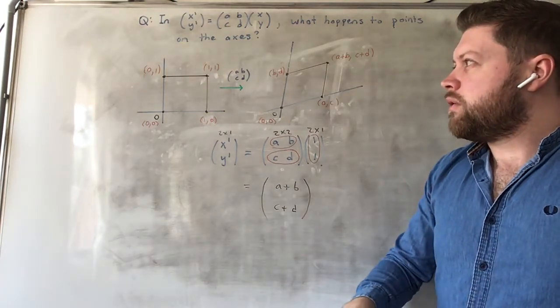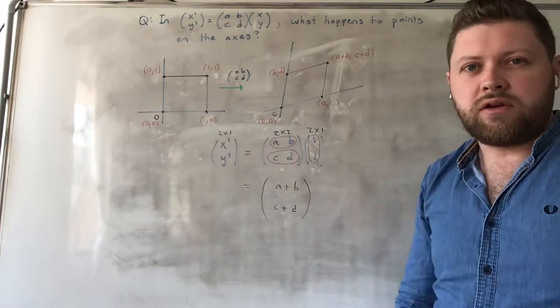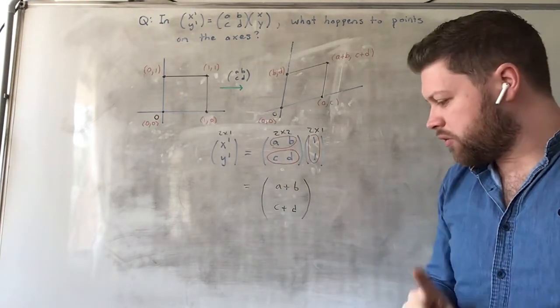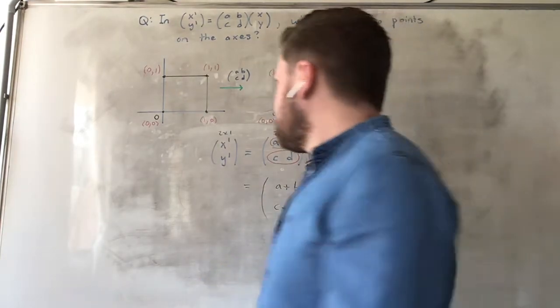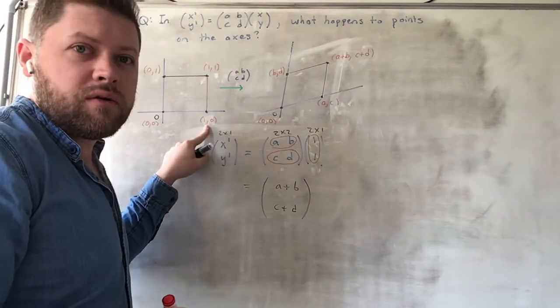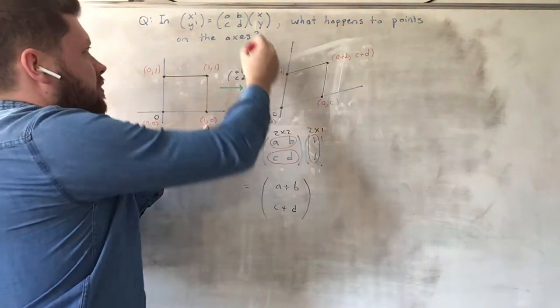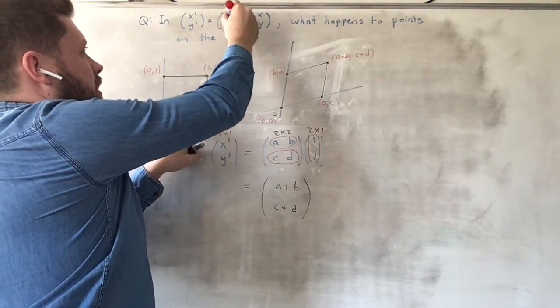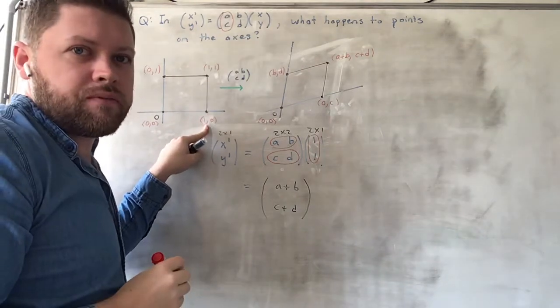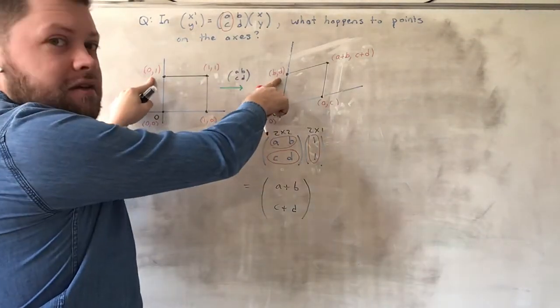Okay, we will explore what happens to the area of this parallelogram in the next video, but I want to point out just one more thing, and that's that you'll probably have noticed that the point 1, 0 gets mapped to (A, C). Well, that's just the first column of the transformation matrix. And the point 0, 1 gets mapped to the point (B, D).